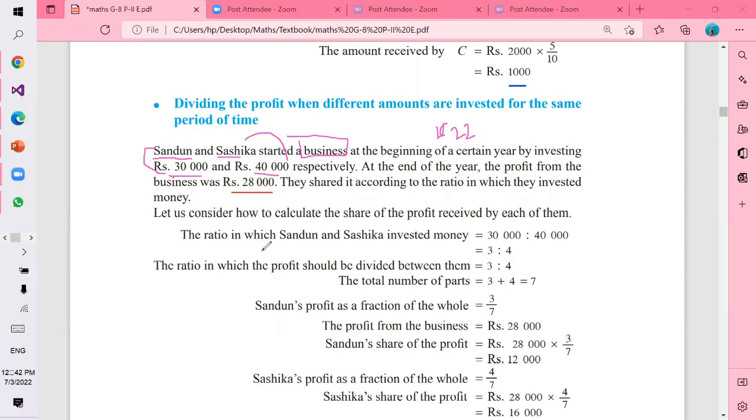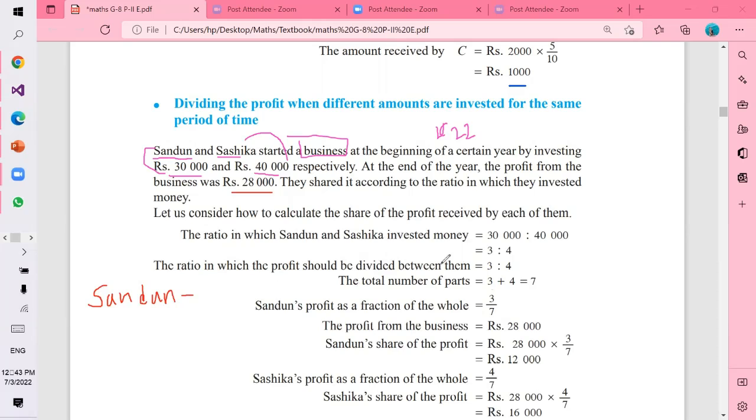Now we know how much they invested and what is the profit. Now they can't tear the bills apart to get what they deserve. So they had to divide that profit among themselves. How do we divide that profit? It's very easy. So first, like the earlier part we did, we take Sandhu's portion as a fraction.